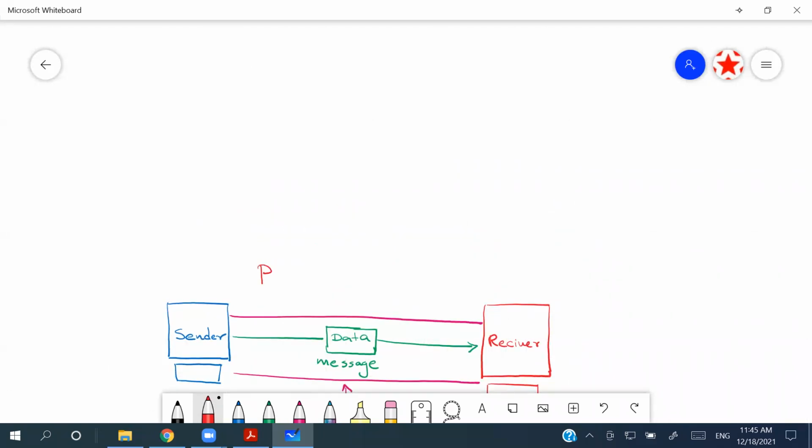Protocols define a set of rules during the communication.